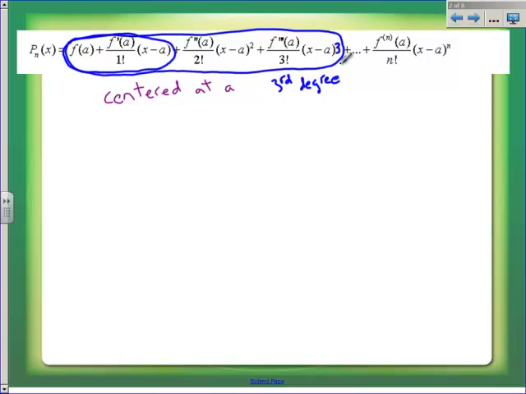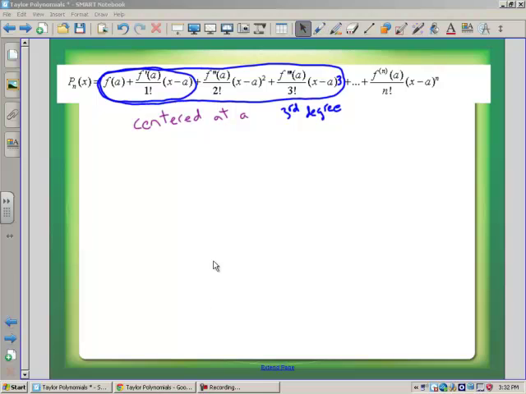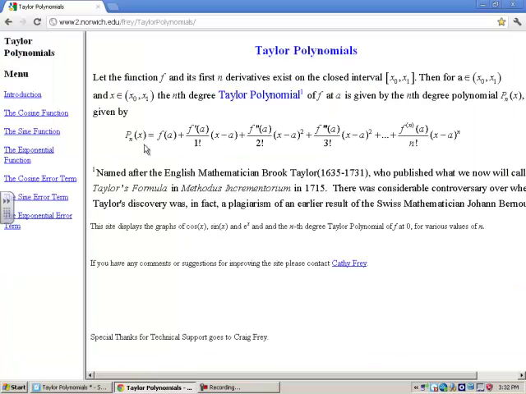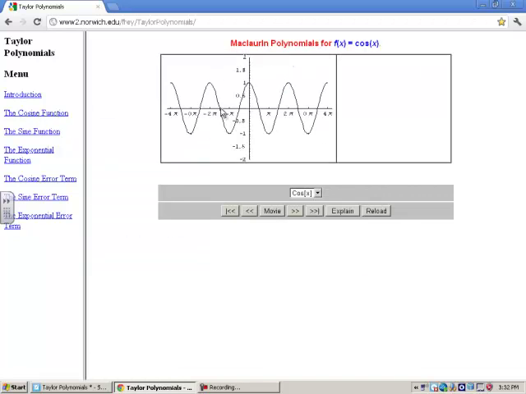Alright, so let's take a look at why we have these. So I'm going to go to a little graph here, and we're going to build the cosine function today. So I want you to take a look at this. Here is the graph of cosine of x, and you're going to see increasing powers of that Taylor polynomial. So let's watch this movie. There's the first degree, it's just the line.